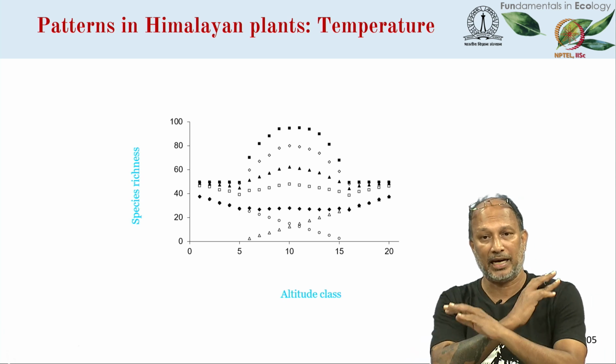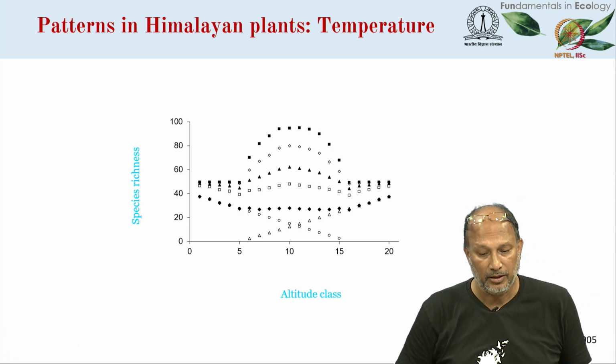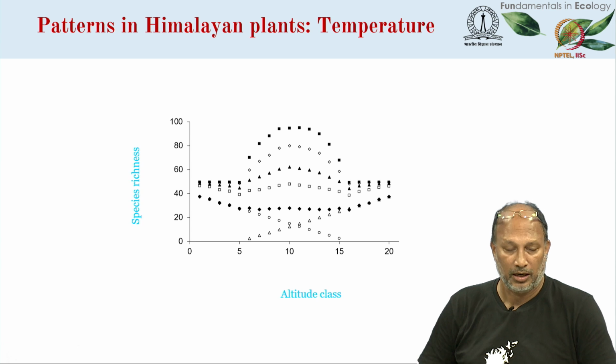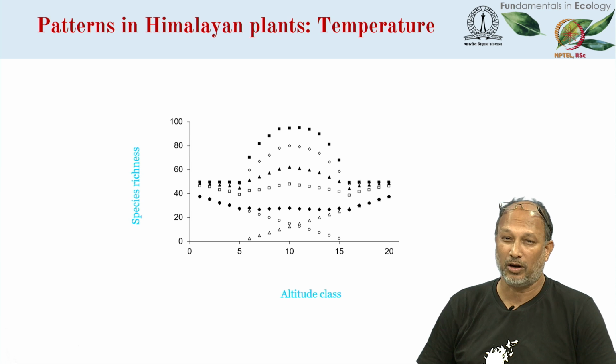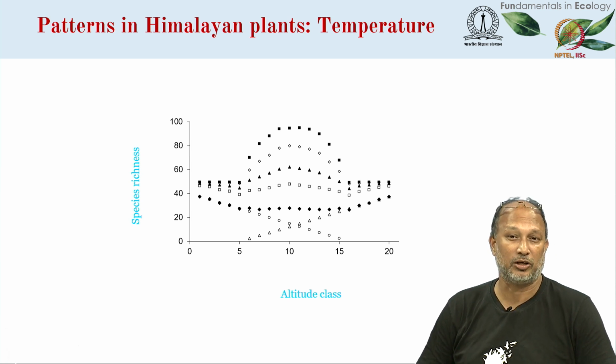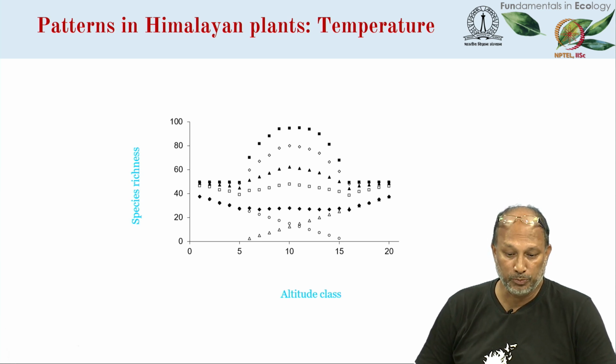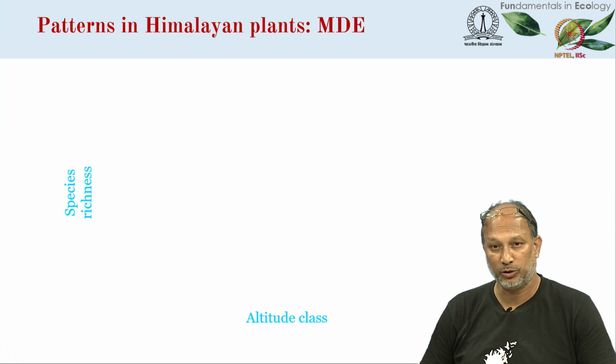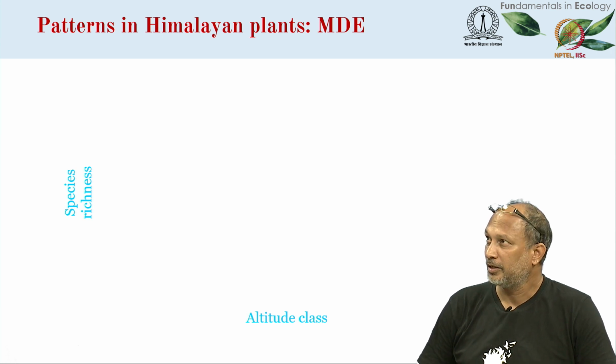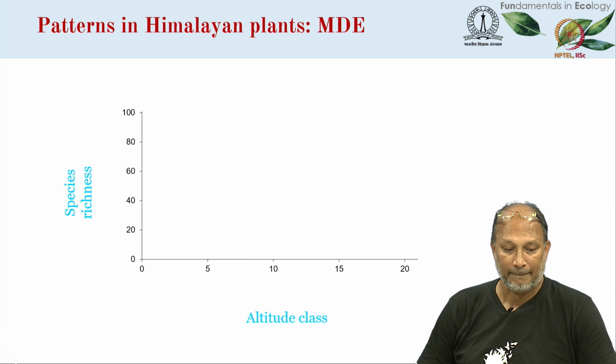The relationship is actually linear, but when you sum these across a large area, you might still end up getting a mid-domain effect. So the mid-domain effect arises not as a consequence of overlap, but as a consequence of species pools in areas where different species with different biogeographic affinities are overlapping.